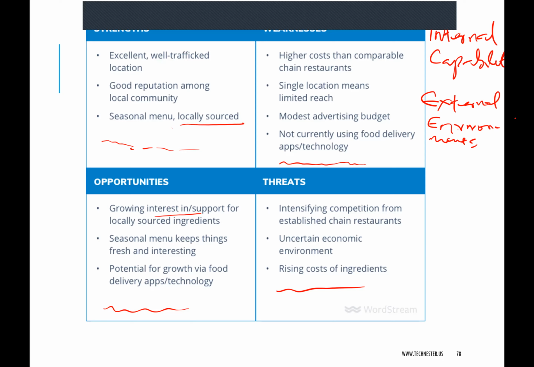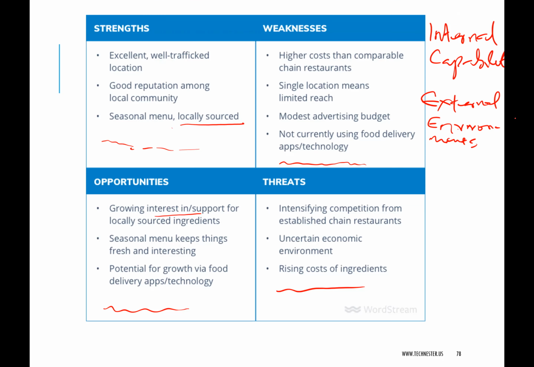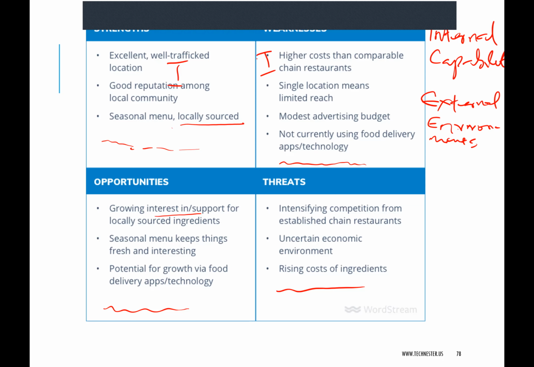Right. So you use one technique to drill down into internal capabilities to guide you on how to make sure you cover all your bases for internal capabilities, so strengths and weaknesses. Internal, right? Then you use another technique to explore opportunities and threats, external.